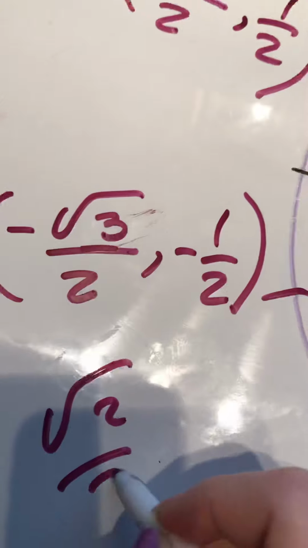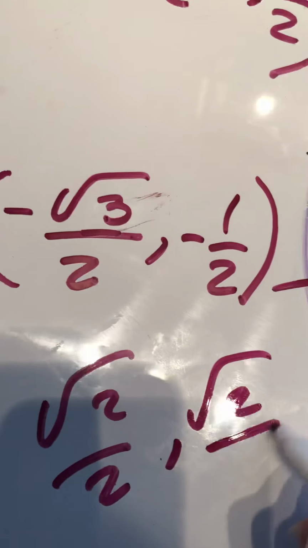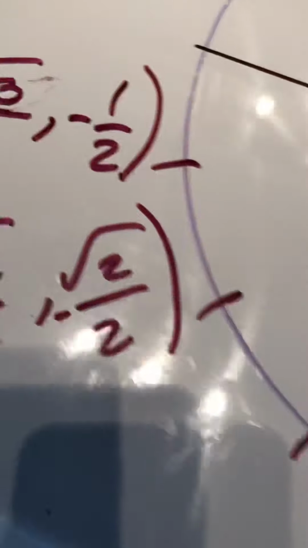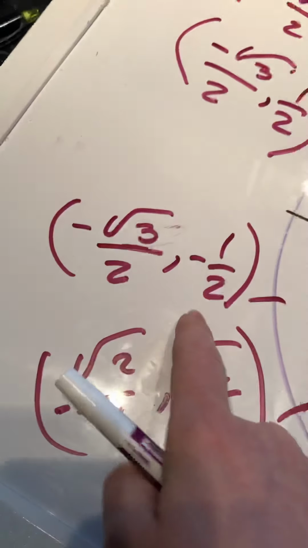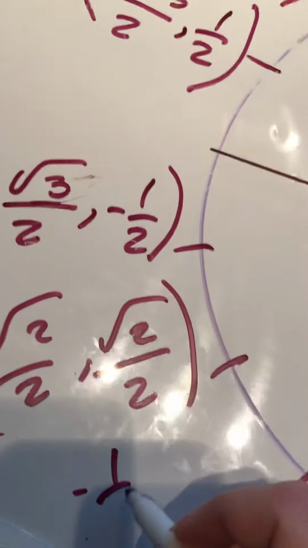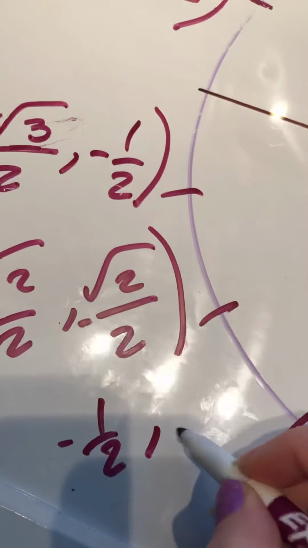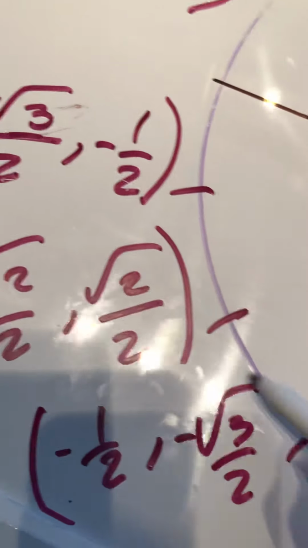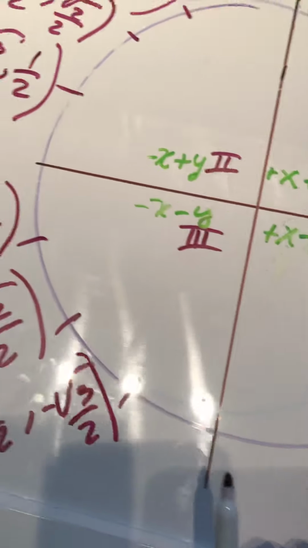Following the center, it's always gonna be square root of 2 over 2, comma, square root of 2 over 2, negative of course. And remember at the end, always flip these values, so it's gonna be negative 1/2, comma, negative square root of 3 over 2. And then we have the third quadrant.